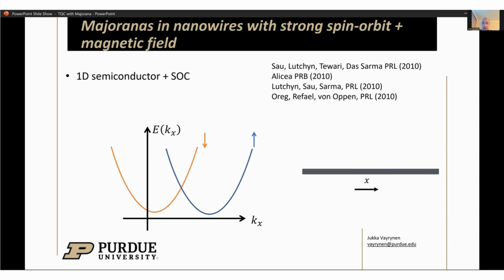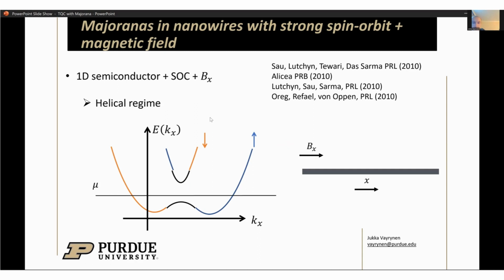Once you include spin-orbit coupling, you can split these bands in momentum space so that the spin down and spin up become separate. And then if you apply a magnetic field along the wire, you can open a gap in the middle here by mixing the spin up and spin down bands, if you apply a magnetic field which is perpendicular to this spin quantization axis.